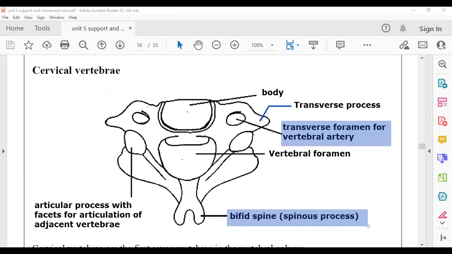So if biped spine is present, you can decide it is a cervical vertebrae. If transverse foramen for vertebral artery is present, then you can decide it is a cervical vertebrae. Could you be able to take the printouts? Yes, sir. Okay. So you can mark these ones down.